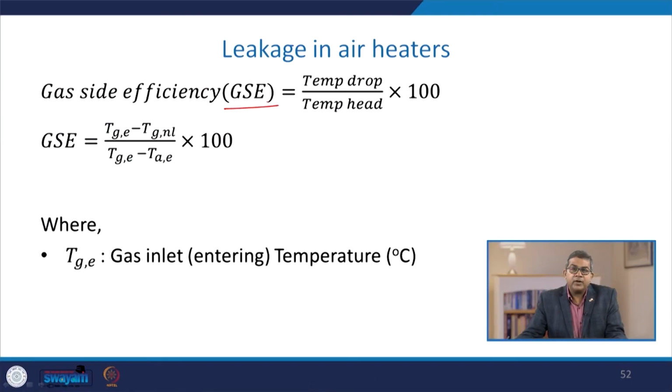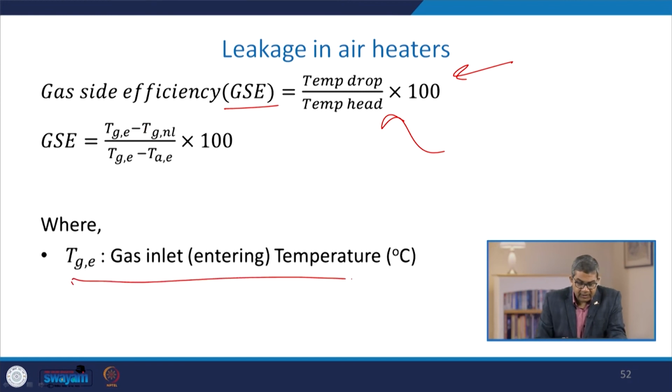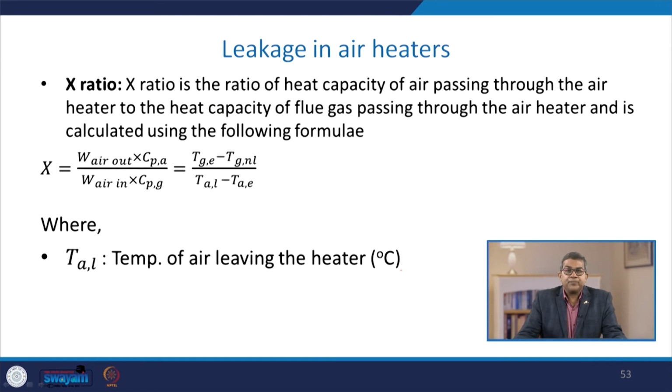So, the gas side efficiency GCE is equal to the temperature drop over the temperature head multiplied by 100, that is, (TGE minus TGNL) upon (TGE minus TAE) into 100. Here TGE is the gas inlet temperature, where E stands for entering, in degrees Celsius.